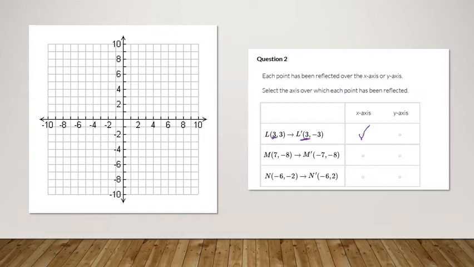I see 7, negative 8, and negative 7, negative 8. My y value stayed the same, so I know it flipped over the y-axis. N is negative 6, negative 2, and negative 6, 2. Okay, the negative 6 is the one that stayed the same, so I know that it flipped over the x-axis.